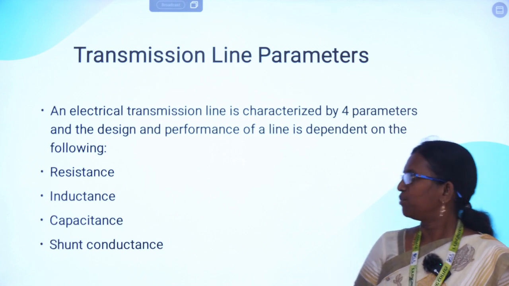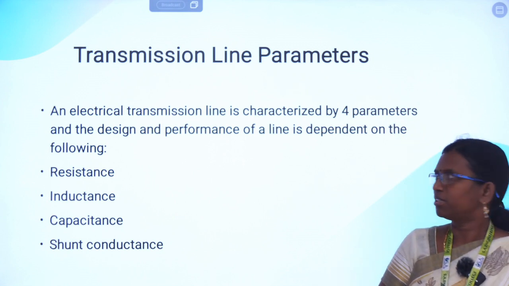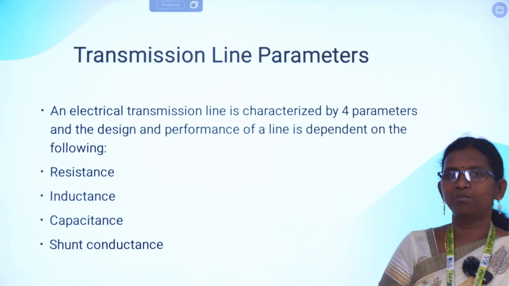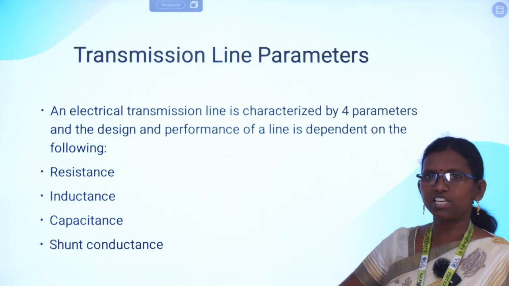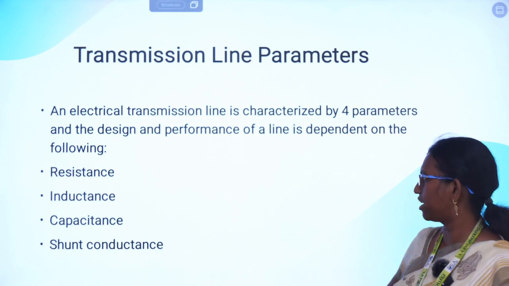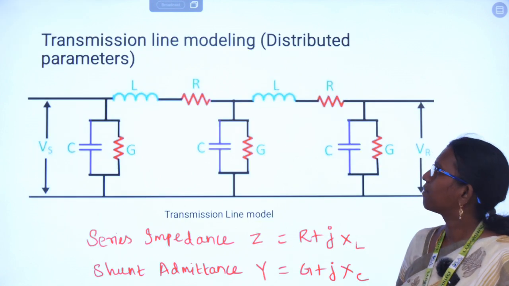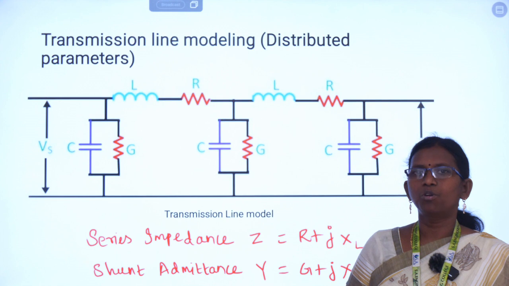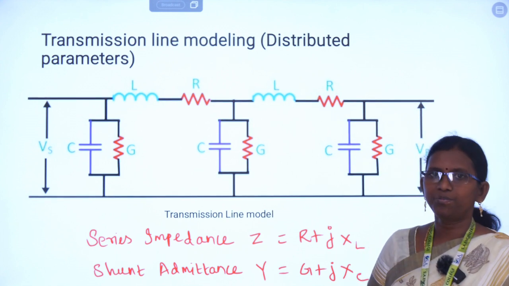A transmission line can be designed and its performance analyzed based on four different parameters: the resistance, inductance, capacitance and shunt conductance. A transmission line can be modeled with distributed parameters.